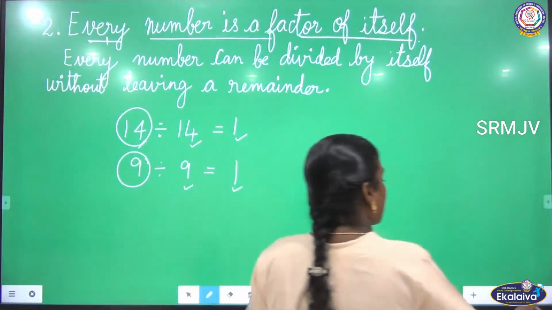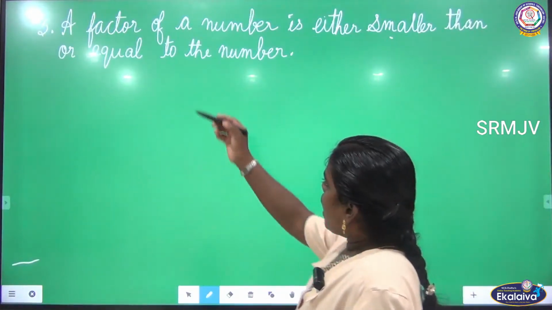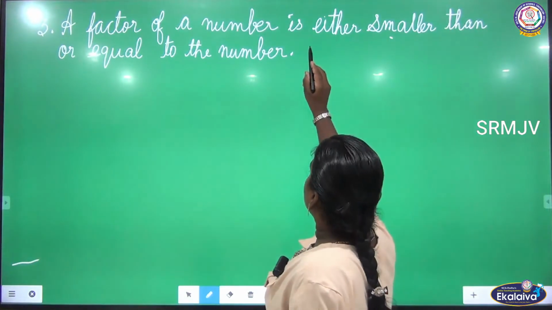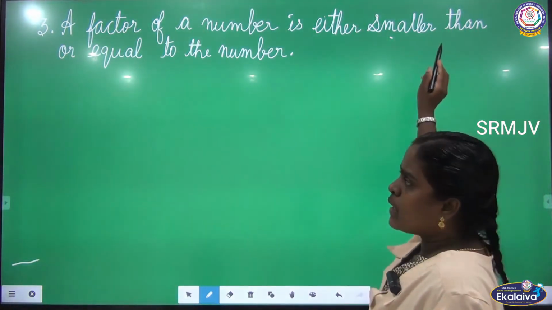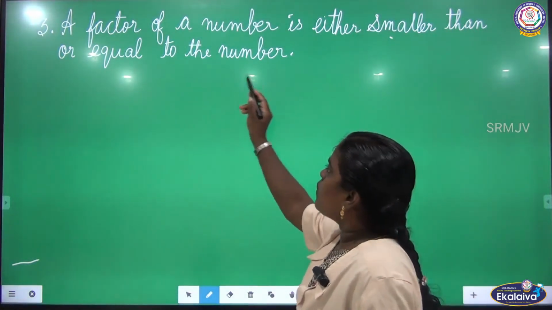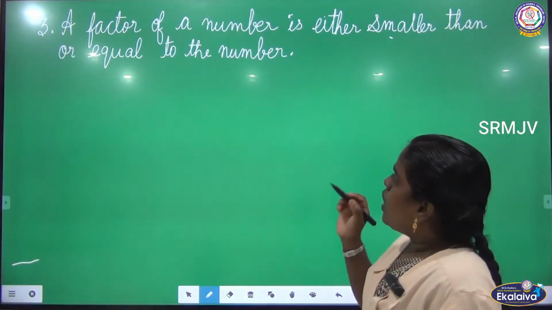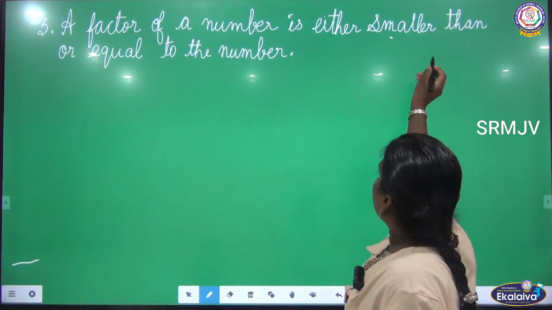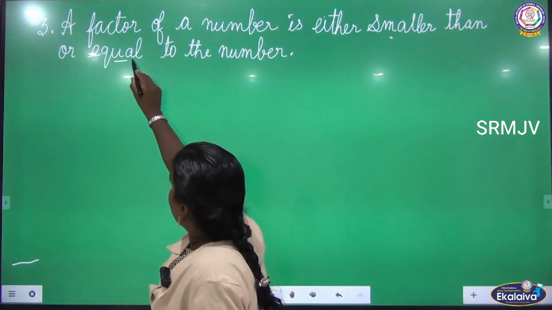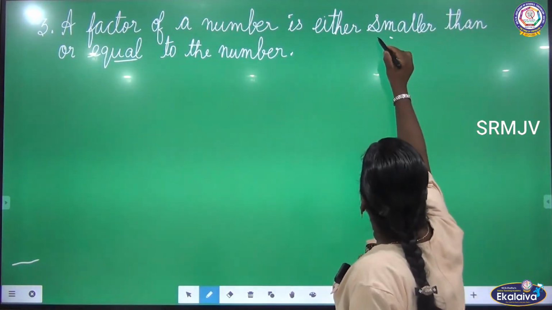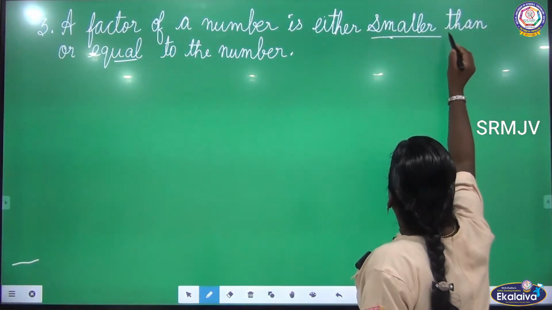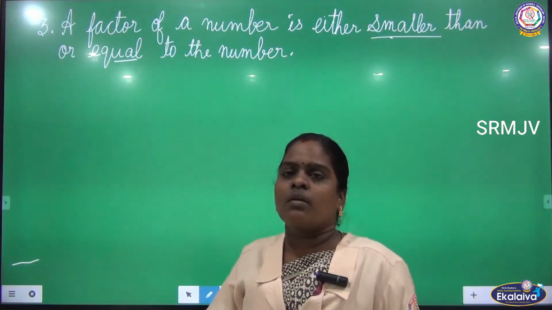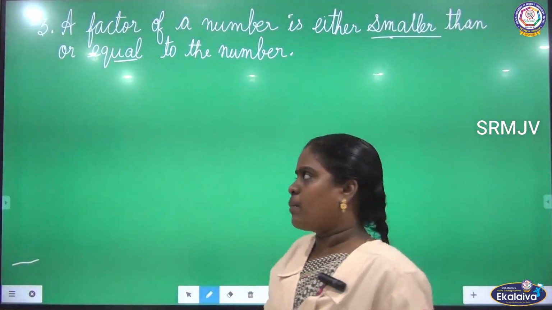Now the third property is a factor of a number is either smaller than or equal to the number. If you find a factor, it should be smaller than or equal to the number. Here the condition is a factor should be smaller than a given number or equal to the given number.